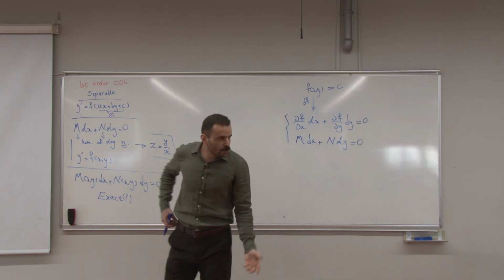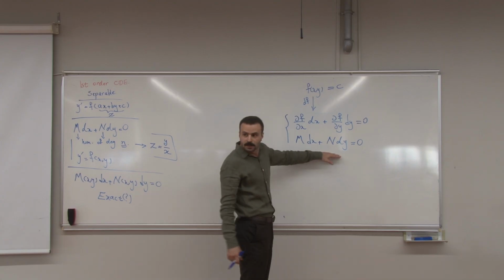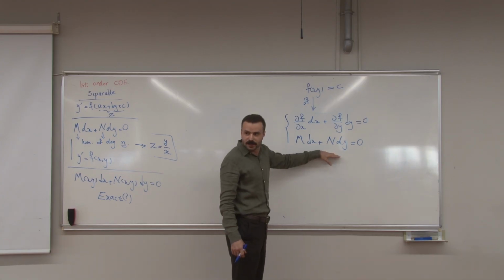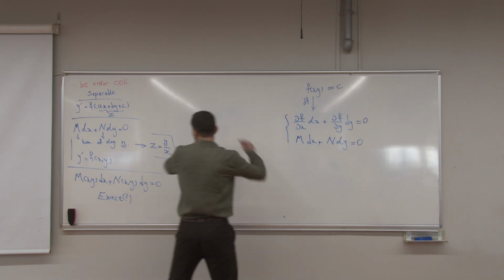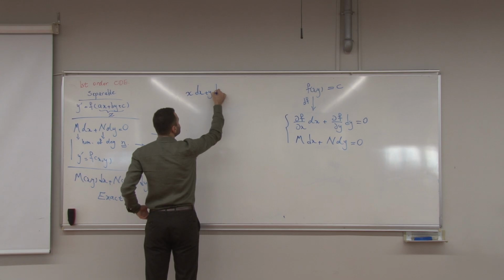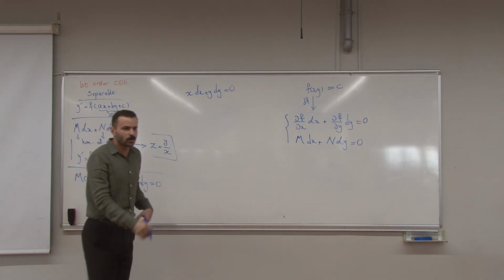How can I find this function? This is the question. Because if I can find it, then I can find a solution for this equation as well, right? For instance, if you have this equation, okay, how do we solve it?